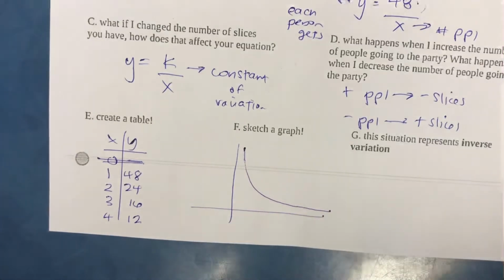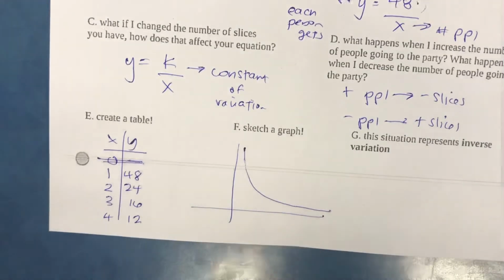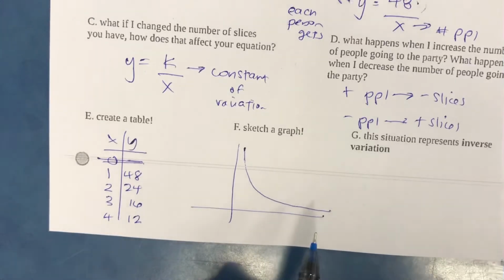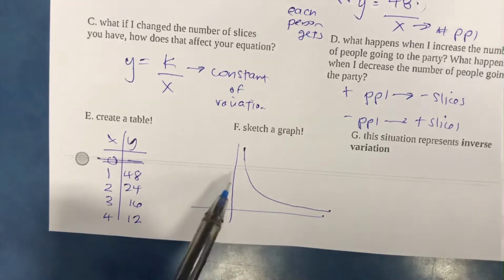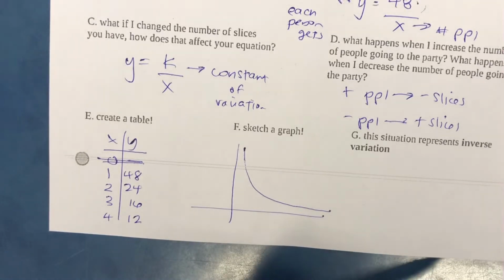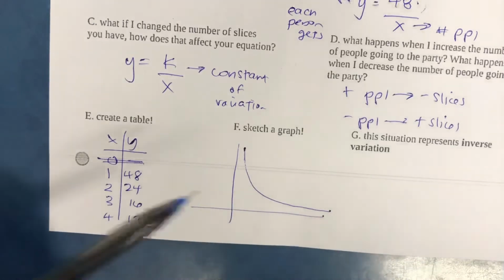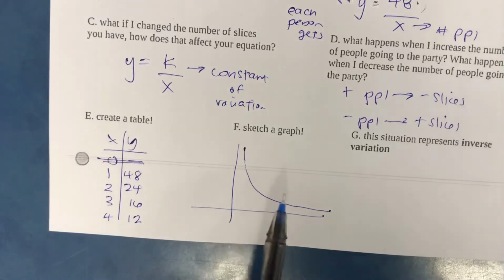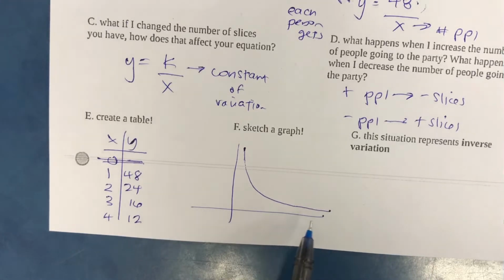Just like before when we were talking about exponentials, these graphs also never cross the x-axis, also the y-axis. I think we will get into discussion of why. No, we won't, so we'll talk about it now. No matter how many people come, I'm never going to have 0 slices of pizza, right?